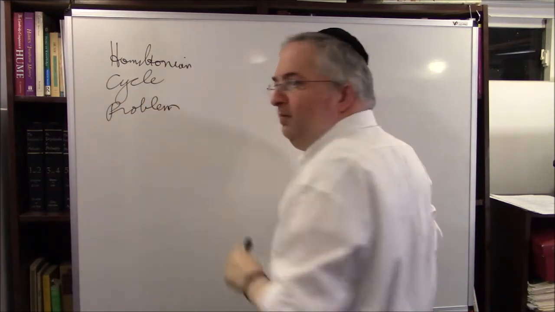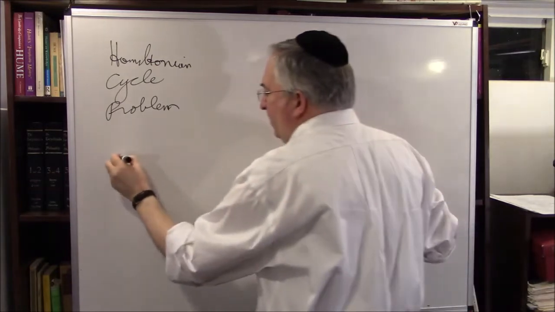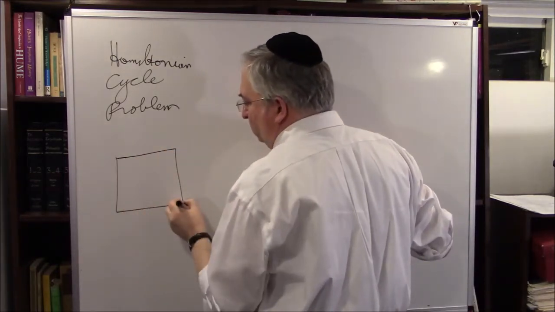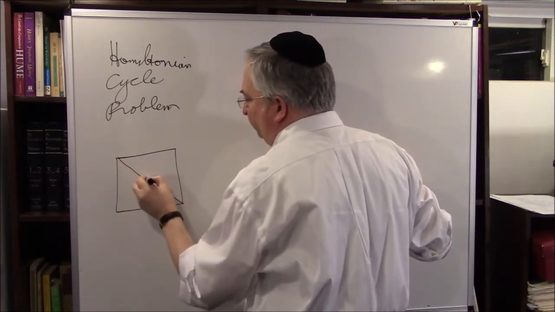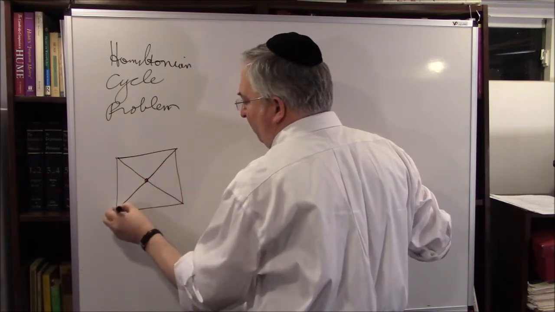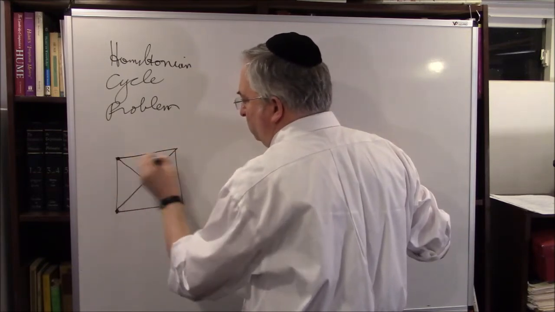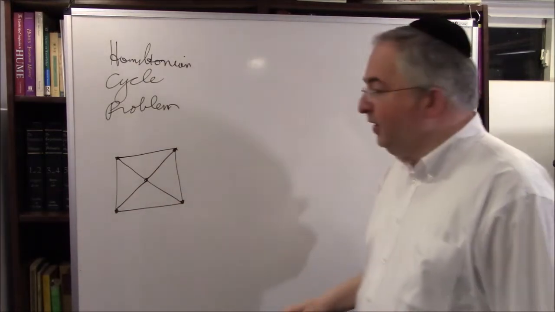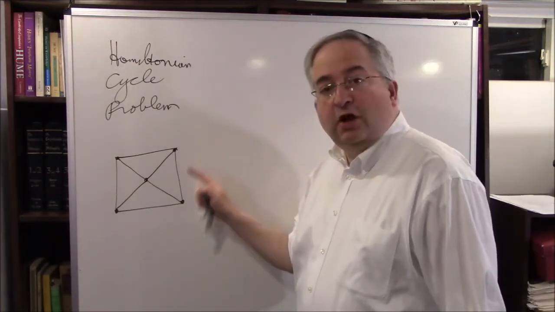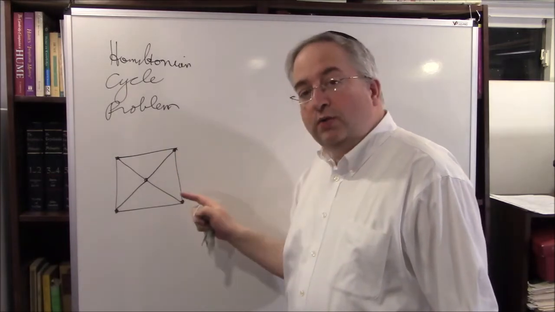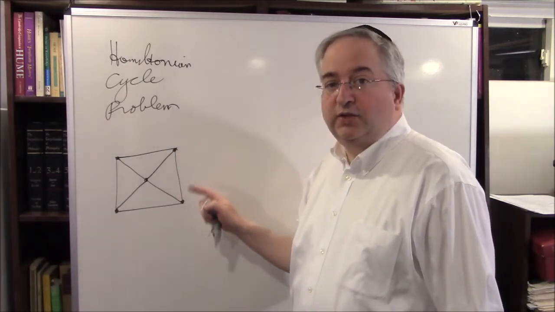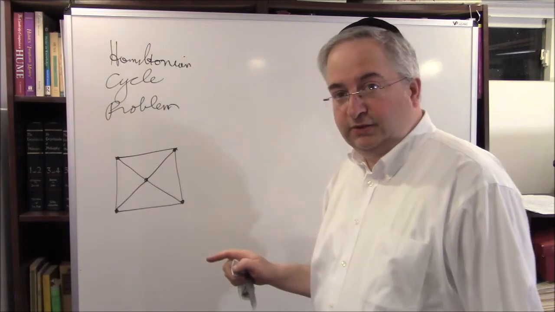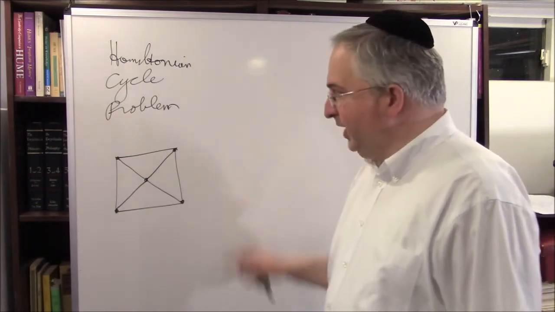Okay, let's remember what that's all about. Okay. Question. Is there a way, starting from one point, going around, hitting every single vertex exactly once, and coming back to the original? Okay, that's the Hamiltonian Cycle problem.